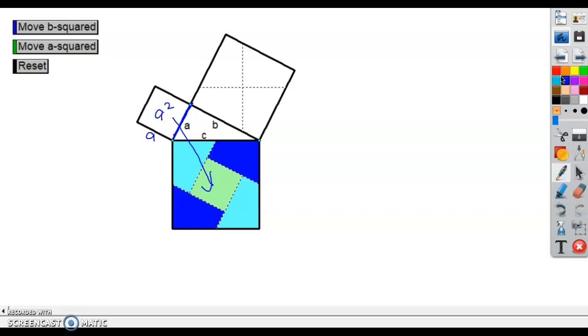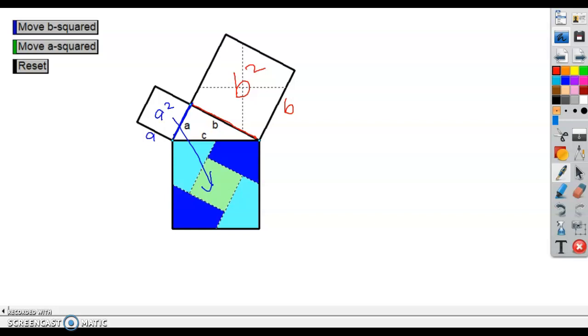Now this length in a different color, the other length of the triangle, is B. And this box that we created here, right next to the triangle, the area is the length times the width. So the area of this box is B squared.